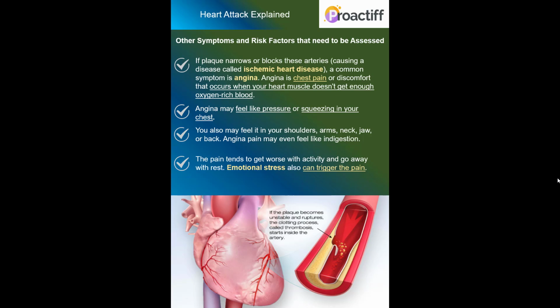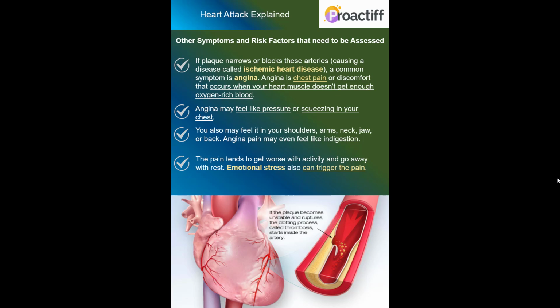The other symptoms or risk factors that need to be assessed include this: if the plaque significantly narrows or blocks any of the arteries, then ischemic heart disease is the result, and very commonly it's called angina.